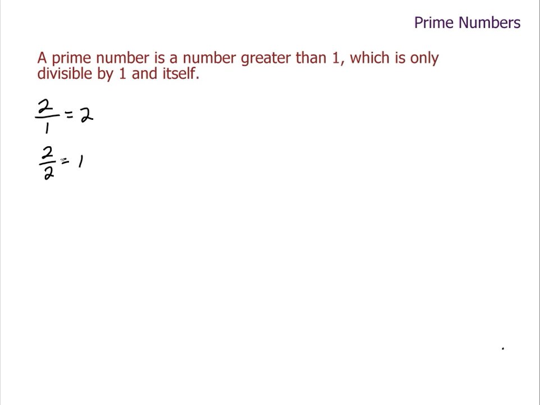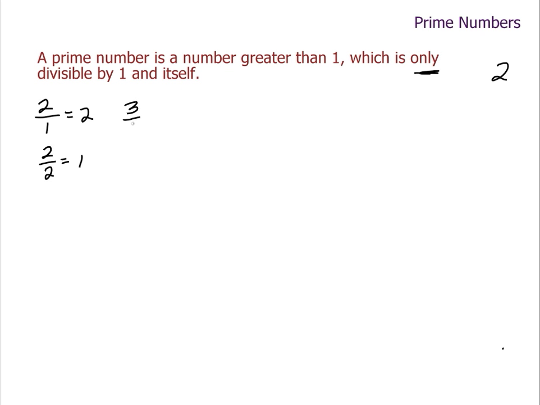And that's true. When it means by divisible, it means that it goes into the number evenly, and 1 does go into 2 evenly, and 2 goes into 2 evenly. All numbers will go into 1 and itself. The thing is, is it the only number that will do that? But 2 is our first prime number, and it is greater than 1.